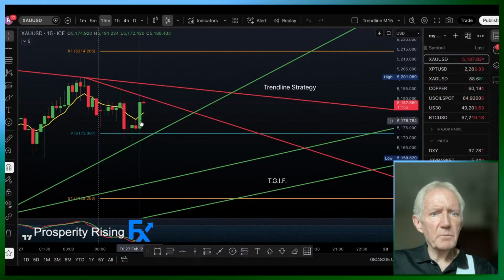So that was a big momentum candle, and then the momentum just kind of fizzled out on the last candle for this hour.